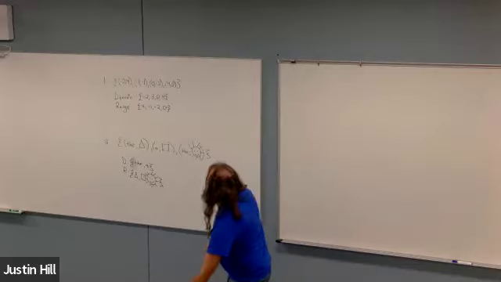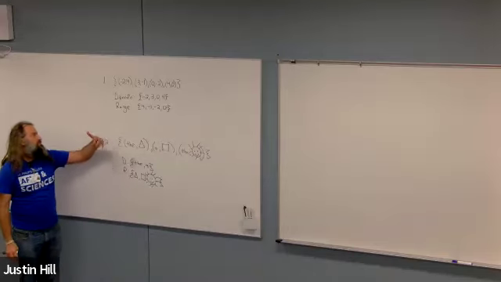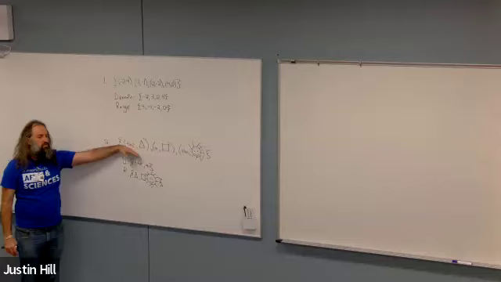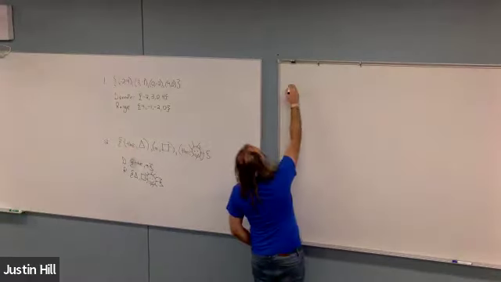All right, so one way that they'll give you relations, because a relation is a group of ordered pairs, you'll see it like this, where they just physically write out all the ordered pairs. However, that's not the only way we'll see them.